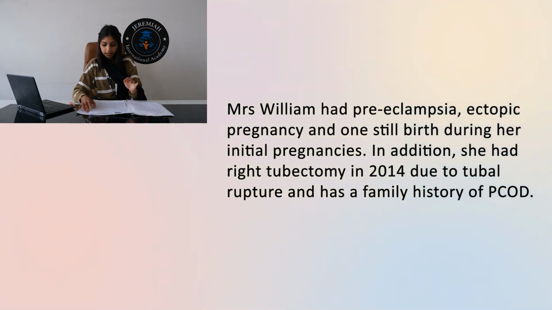Then in addition, she had a right tubectomy in 2014 due to tubal rupture. And we can also include the family history of PCOD as well as hypertension. The data will be like this: and has a family history of PCOD as well as hypertension.